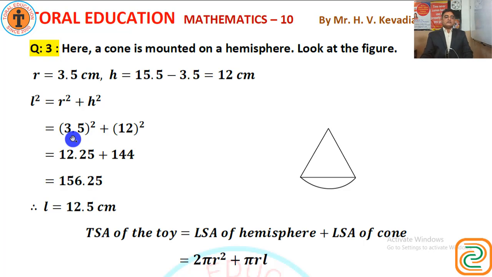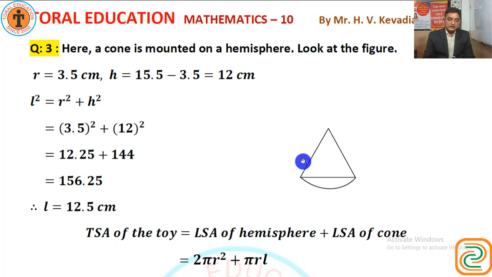That means 3.5 square plus 12 square. 12.25 plus 144 is 156.25. If we take the square root of this, it will give us 12.5 centimeter. So the lateral height, slant height, is available.